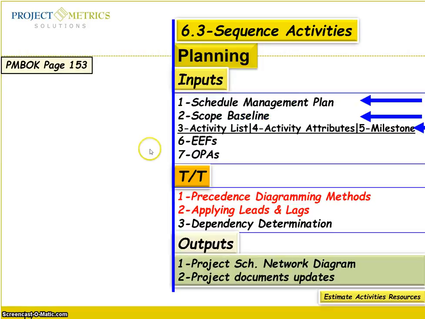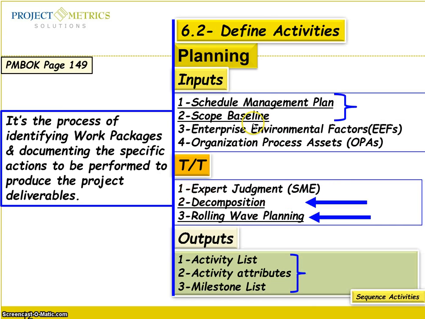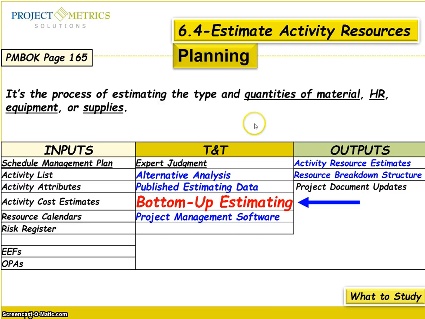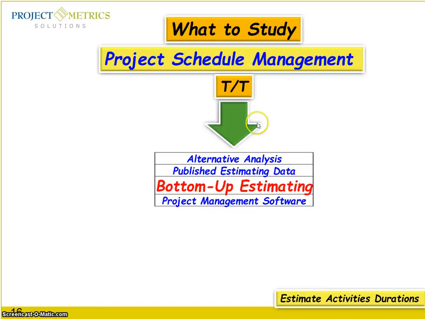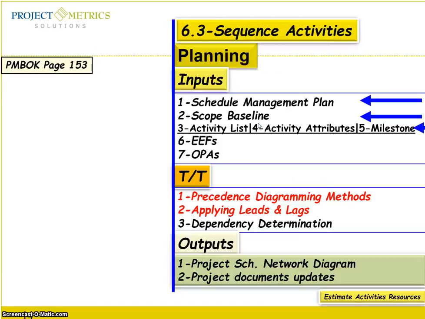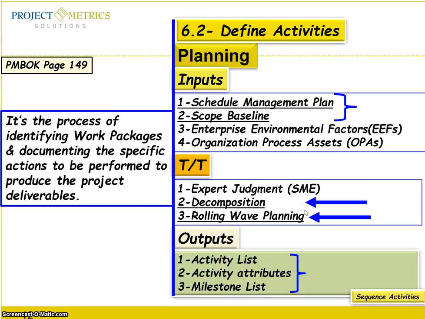What are the input, tool and technique, and the output here? You are going to use a schedule management plan, scope baseline, and the activity list, activity attributes, the milestone. Those are the output when you were using the estimate activity resources.